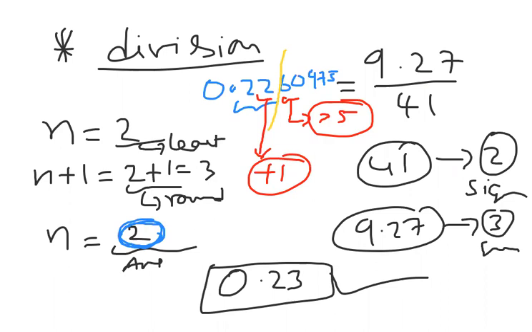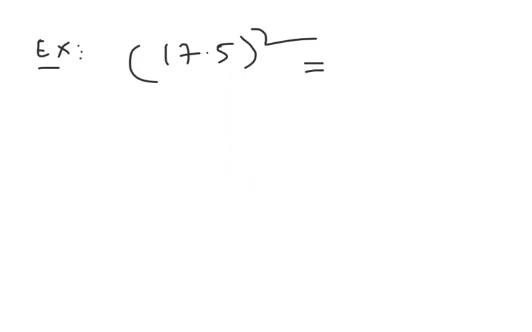Let us observe one more example: 17.5 whole square. Since both numbers are the same, first calculate directly, and you will get 306.25.